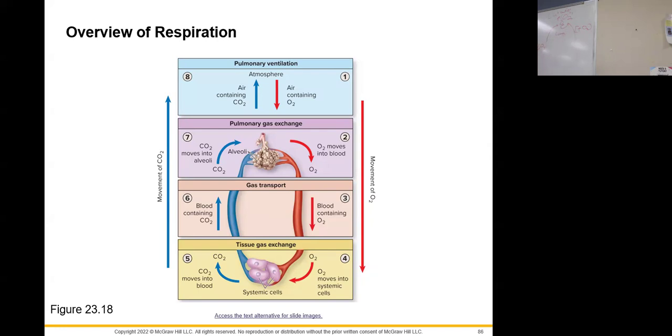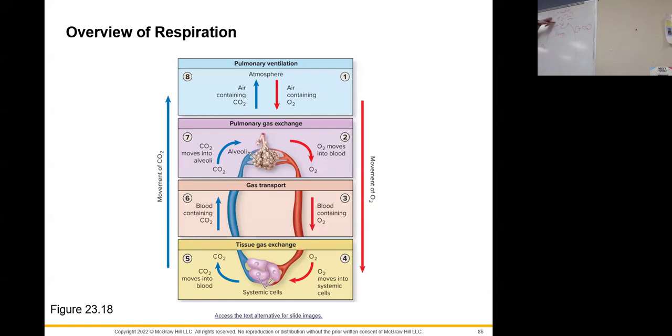High versus low. So what direction will the oxygen move? So oxygen will go out into the tissues, so from the blood to the tissues, right? So now is our blood low or high in oxygen now? Low.